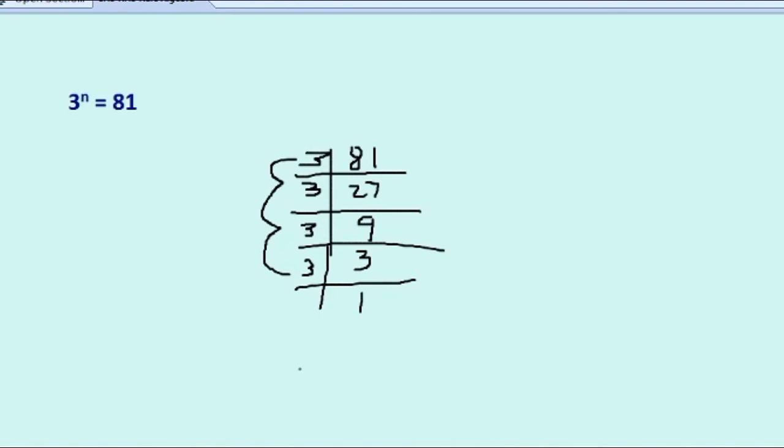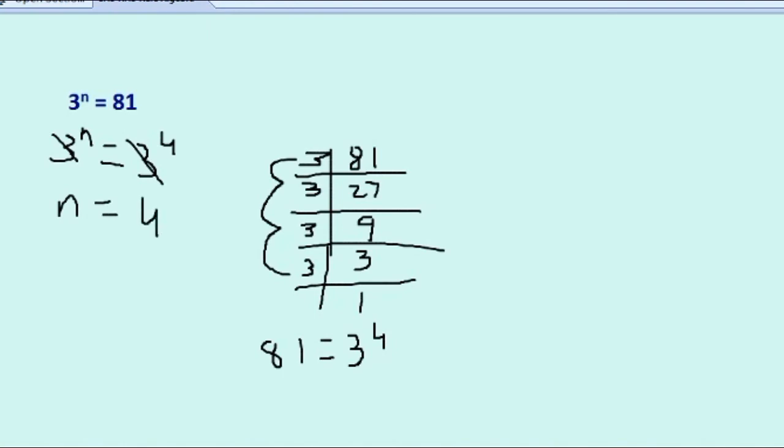So this 81 can be written as 3 raised to the power of 4. So 3 raised to the power of n equals 3 raised to the power of 4. Here this 3 and this 3 are common, so we will cut them. n equals 4. So the value of n is 4.